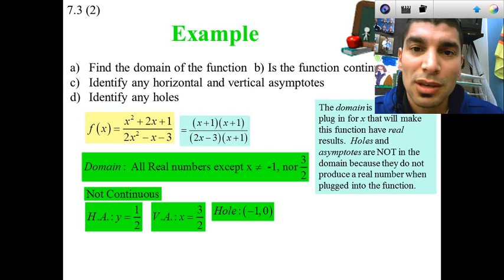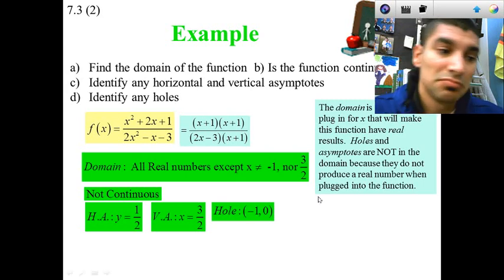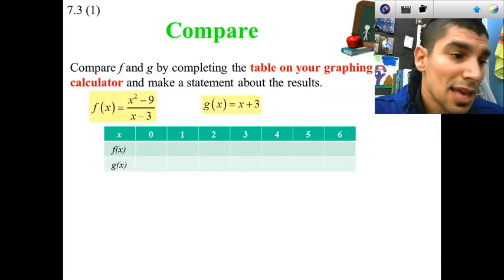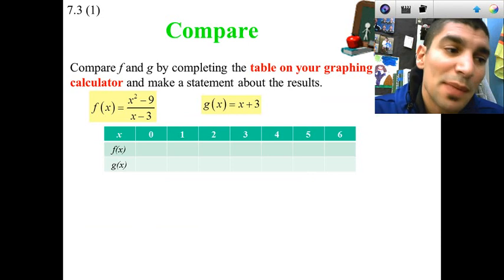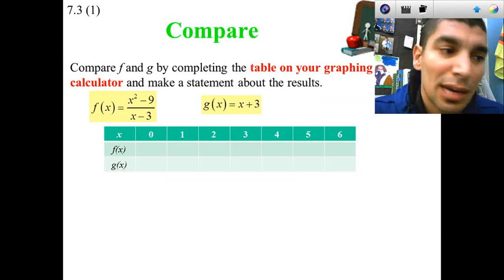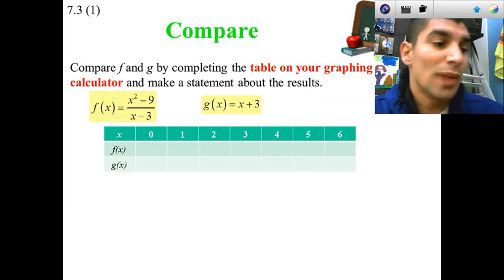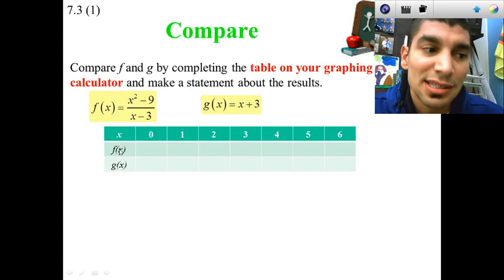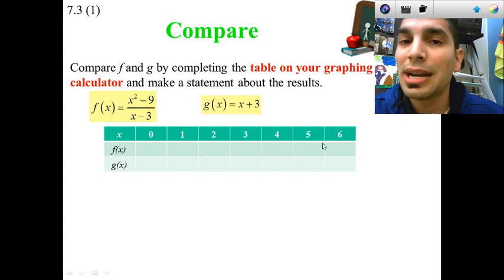Piece of cake? Good. The last thing you're going to have to do is be able to make a table on your graphing calculators to compare a couple functions. So we have two functions here. F of x is this one, and g of x is this one, and we have a couple values we're going to need to plug in. I'm going to show you this on your graphing calculators.